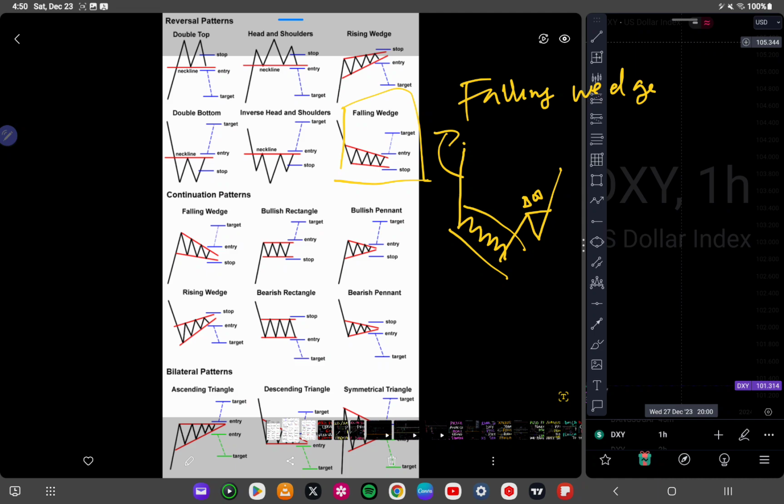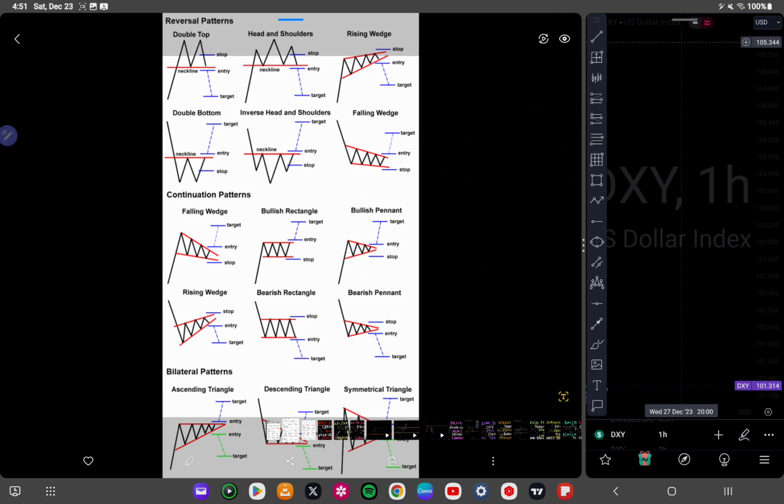This is a downtrend right here. Then when it reversed, we started pushing to the upside, so this is the uptrend. I hope you guys understand, this is just a very simple way to understand how the pattern works. That is for the reversal patterns we have here.